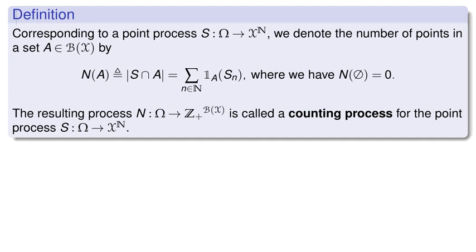It's clear that N of the empty set is 0. The resulting process N, which maps from omega to Z plus, the non-negative integers, raised to the power script B of script X, is called a counting process for the point process S.